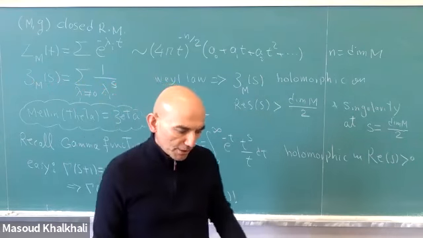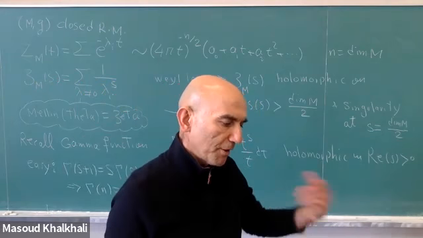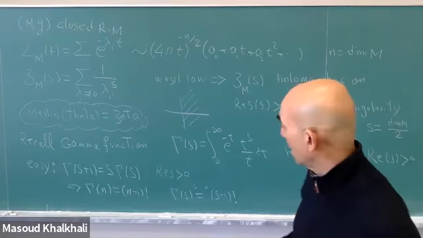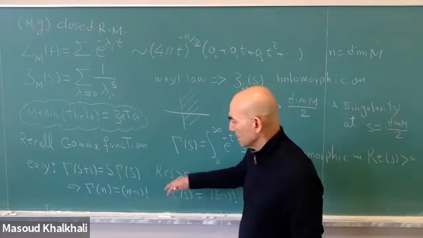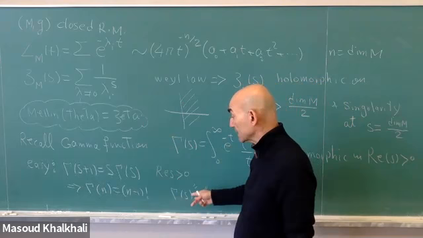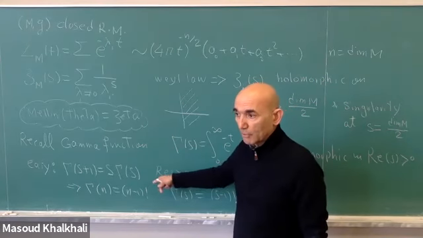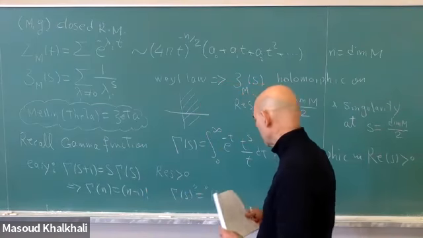And if you're curious about gamma, there are some other conditions beyond being holomorphic in the right half plane and extension of this factorial function that uniquely characterize the gamma function. Certainly, a holomorphic extension of the factorial function is not enough. You need more conditions. Once you have those in place, then there is a unique extension.